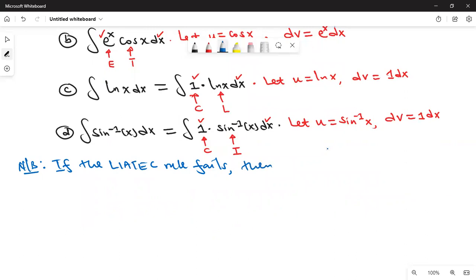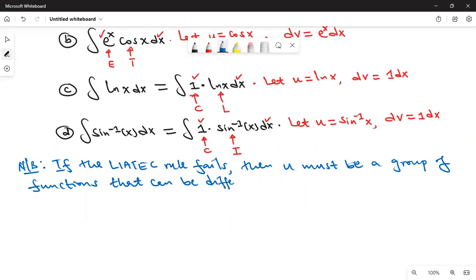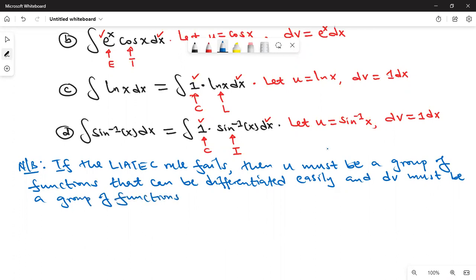Then you must choose u to be a group of functions that can be differentiated easily, and dv must be a group of functions that can be integrated easily.